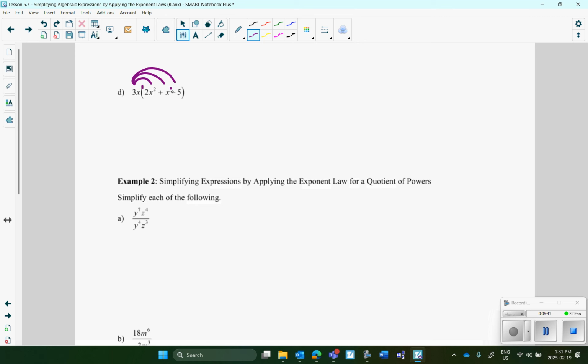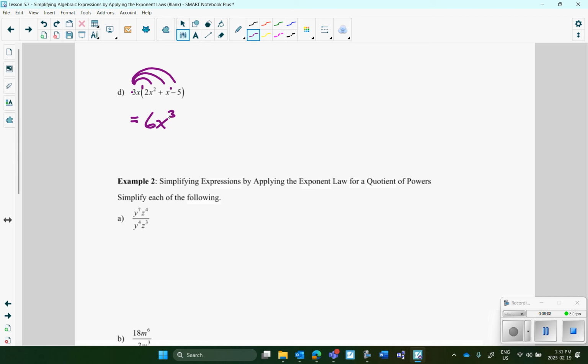And 1 goes here. So remind yourself of that. What is 3x to the first times 2x squared? 3x to the 6. What is x to the first times x to the second? X to the third, because we add the exponents.